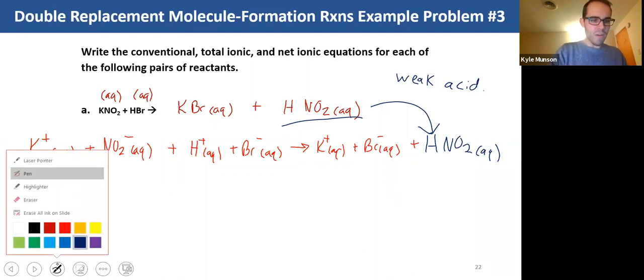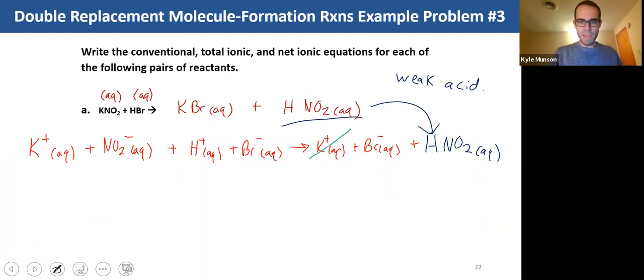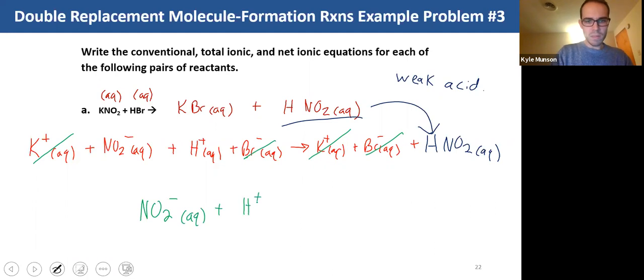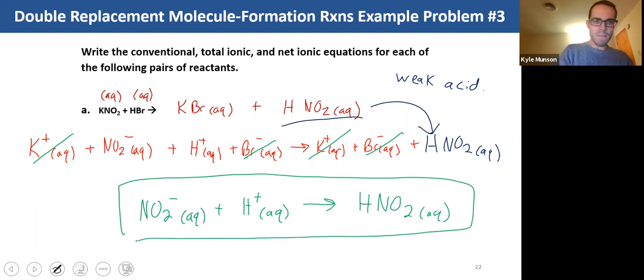Now if I go here, potassium, potassium, bromide, and bromide cancel, and I'm left with NO2 minus plus proton gives me this weak acid. So that is my net ionic equation.